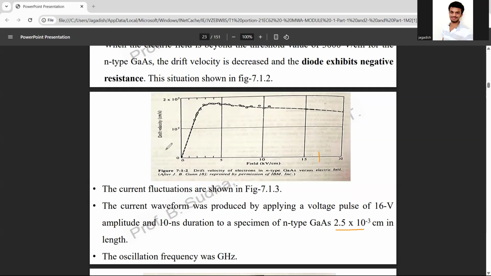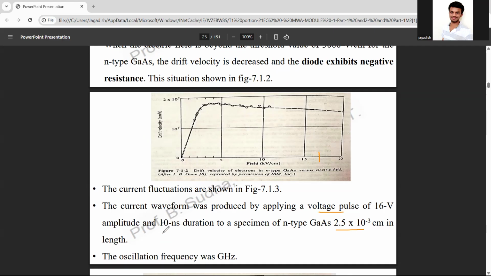So see, so many values are there in this question which you have to remember. Write only these values, don't write your own values. First graph you should write, and you have to write what was the voltage: 16 volts.